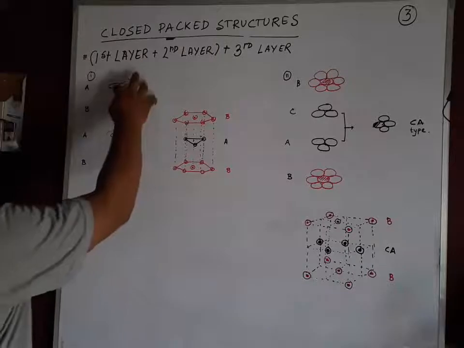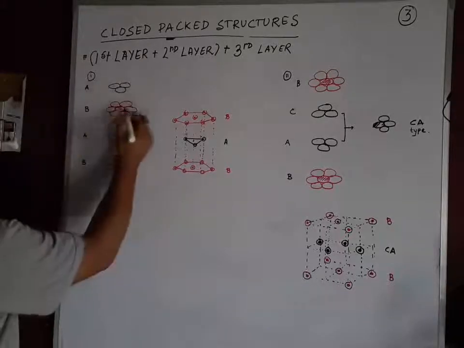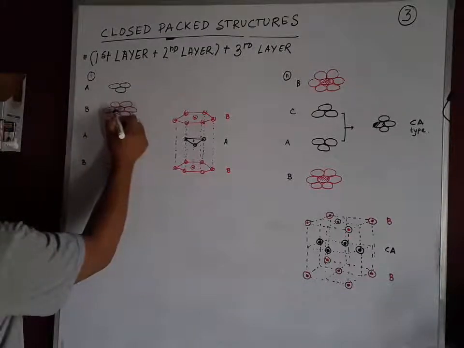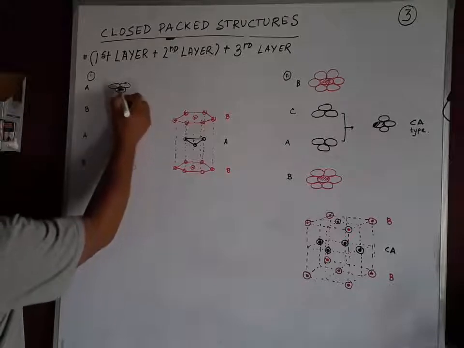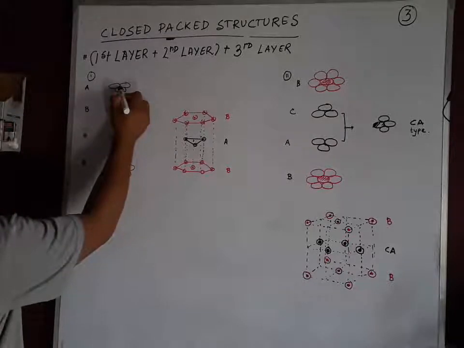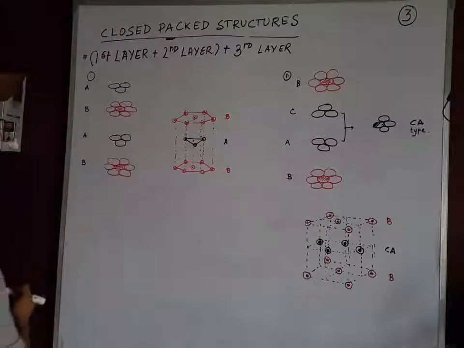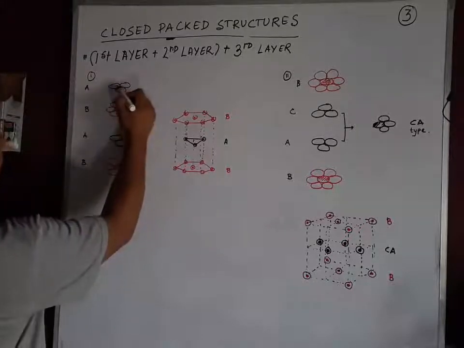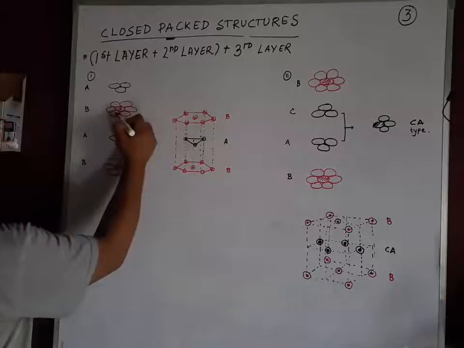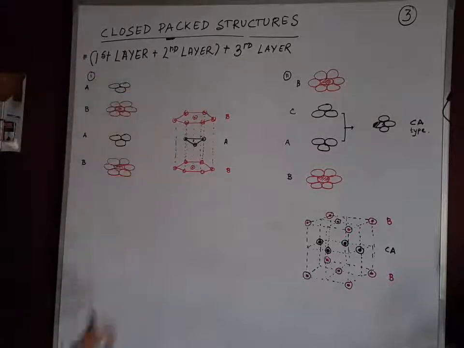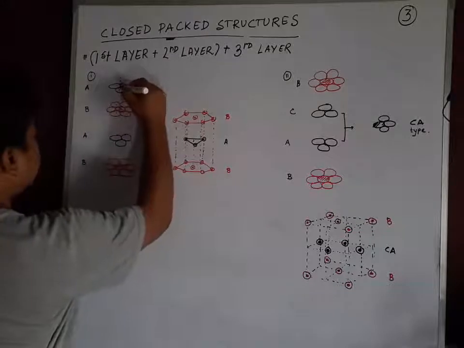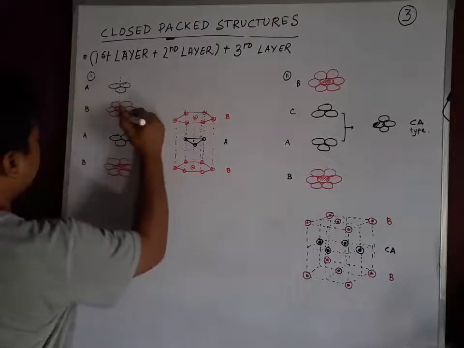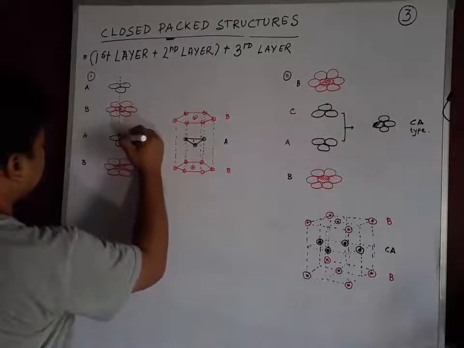If you combine this, then what will happen? You will find this central atom and this atom make a tetrahedral void, whereas this 3 and this 3 will make an octahedral void.